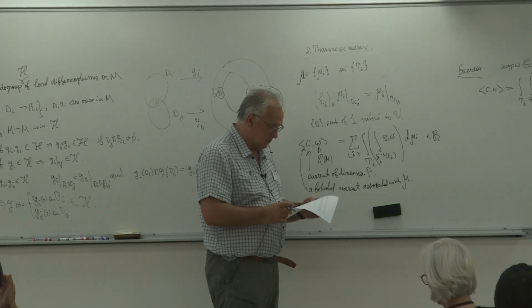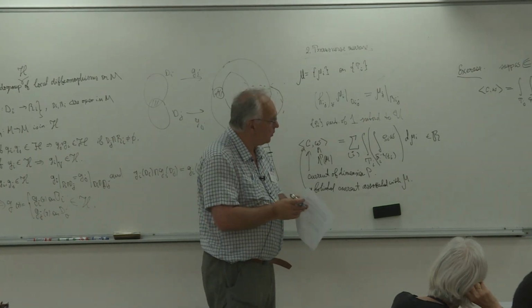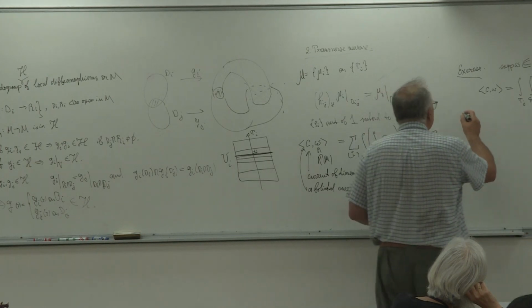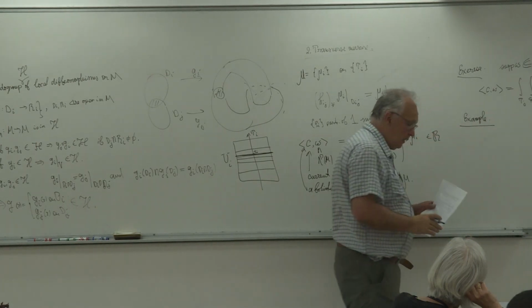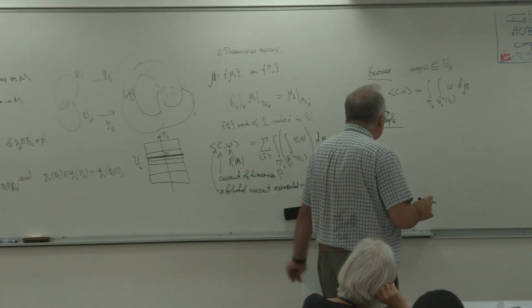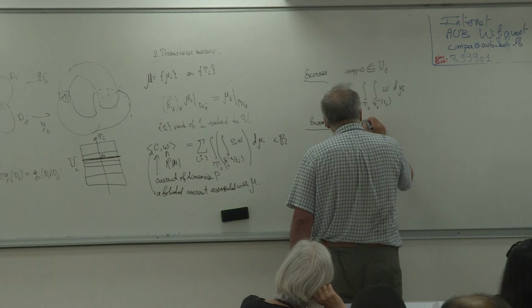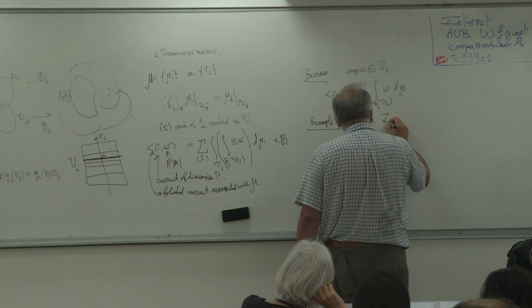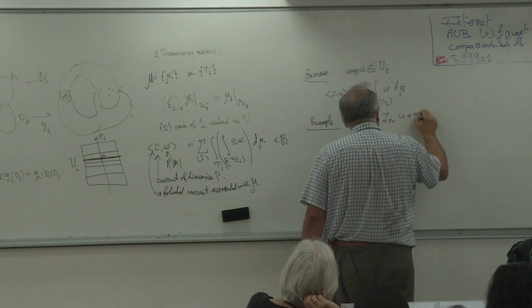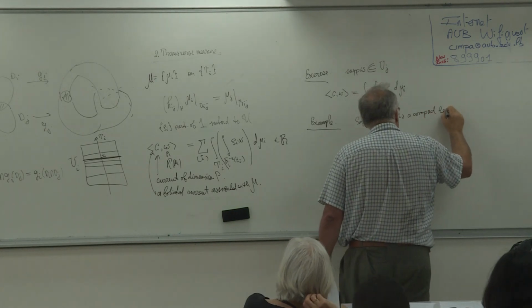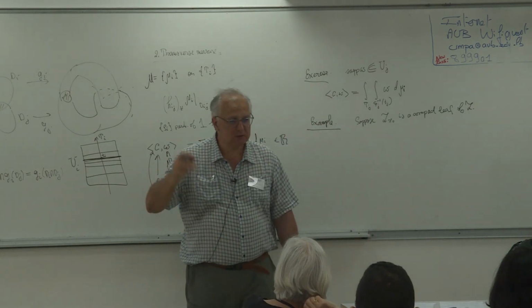Now let us give an example. Suppose we have a compact leaf L_{x0} of our foliation, passing through the point x0.